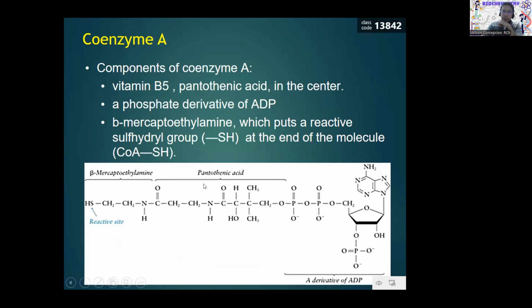Okay, so it contains different portions. At the center, it contains the vitamin B5. At its left, it has beta-mercaptoethylamine and our sulfhydryl. On the right, it contains 2-phosphate and a derivative of ADP, which contains a pentose sugar that contains a phosphate group and adenine. Okay?